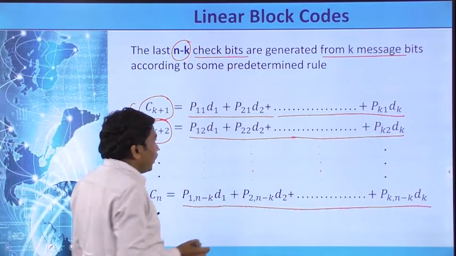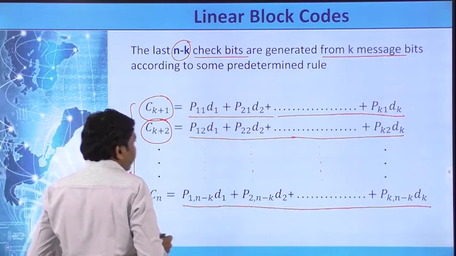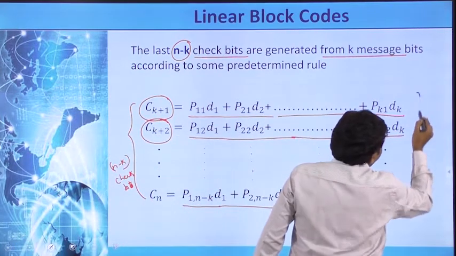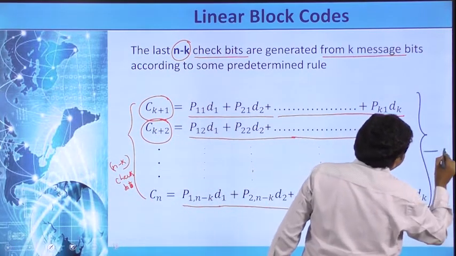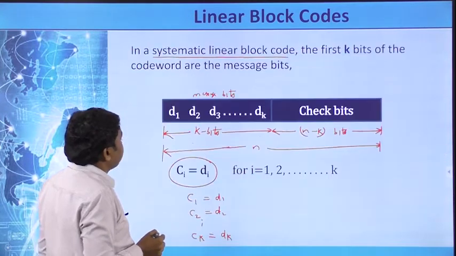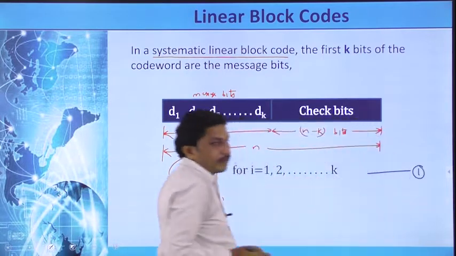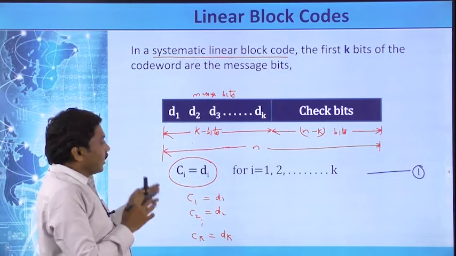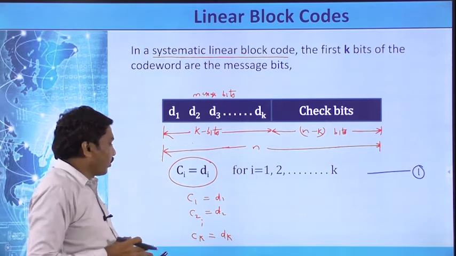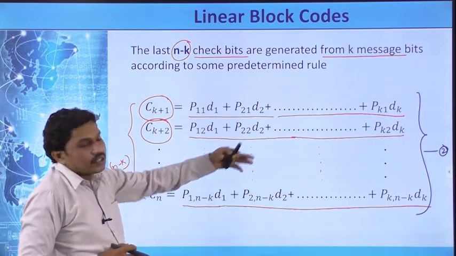Let these all be equation number 2, whereas Ci equal to di we are assuming as equation number 1, and these check bits are equation number 2.